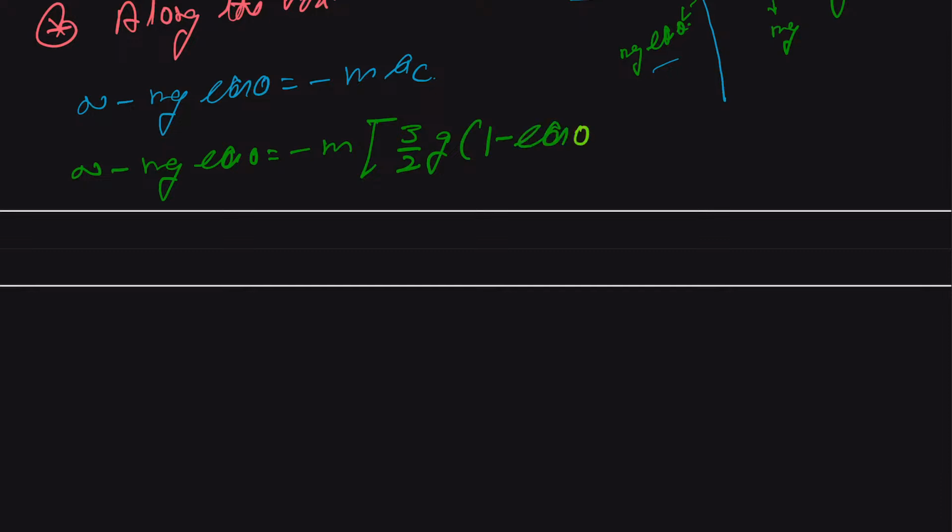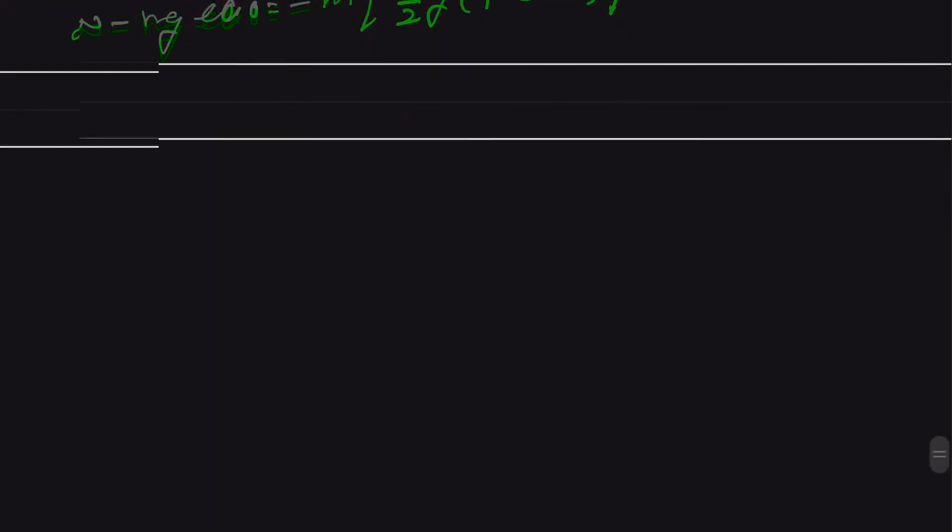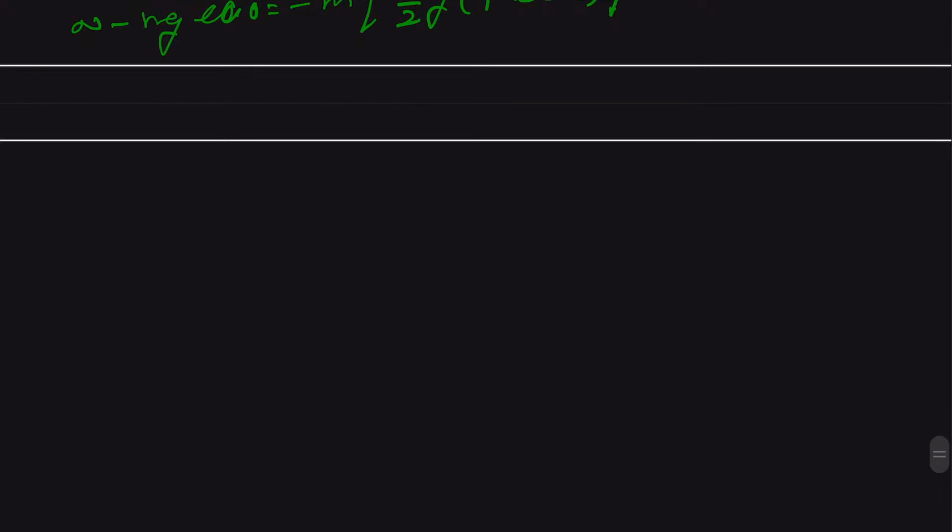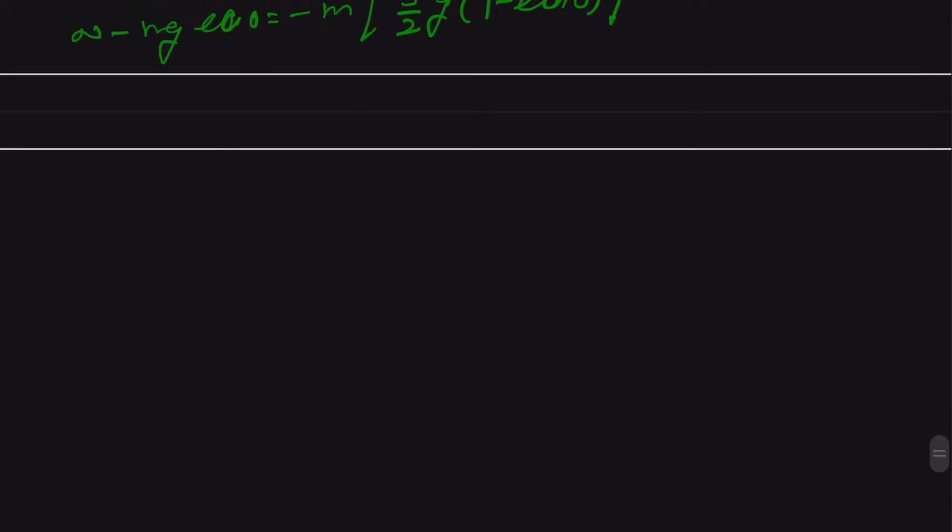3/2 g(1 minus cos of theta). And we can simply put N is equal to 0. Let me solve to the right side, then we can put N equal to 0.